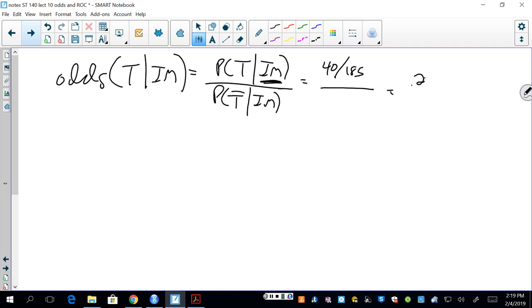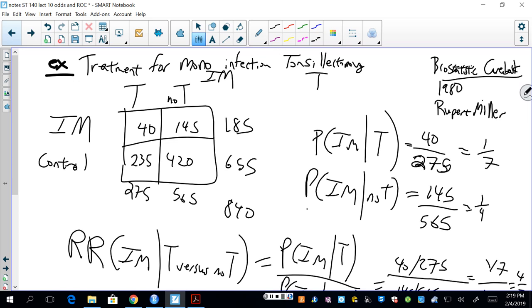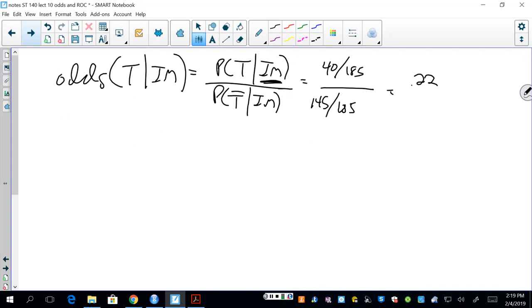That's about 0.22. What about the bottom? There's 145 here, out of the 185 that did not have it. So looking at the table, out of this 145, you have some yes and some no. So we get an odds of about 0.22.